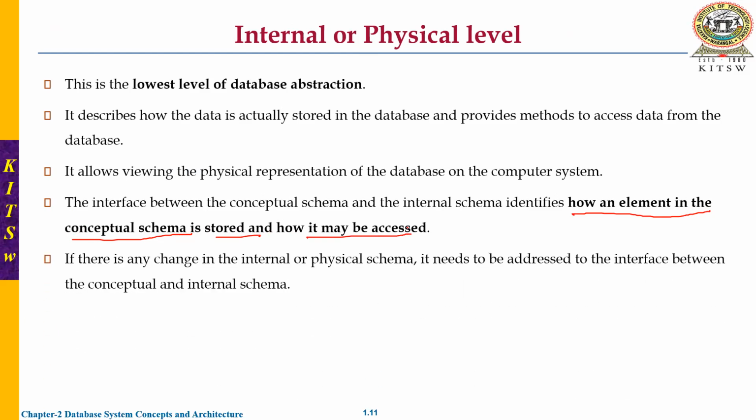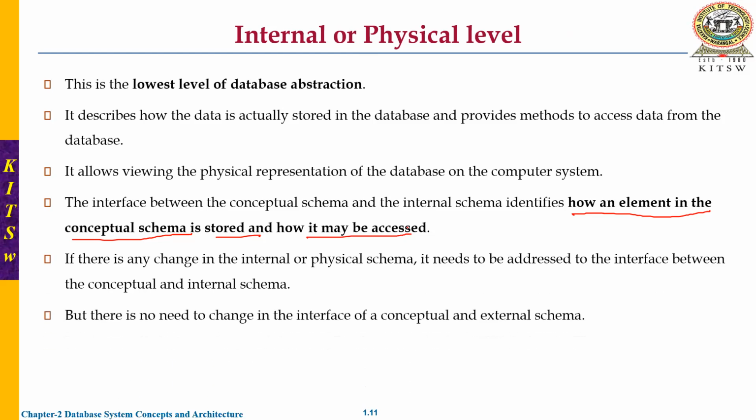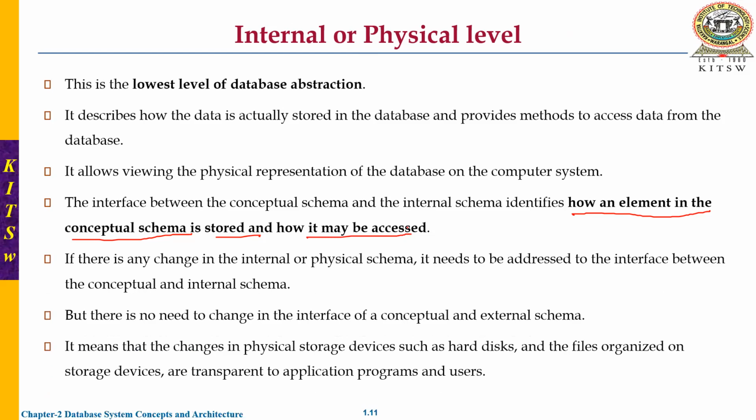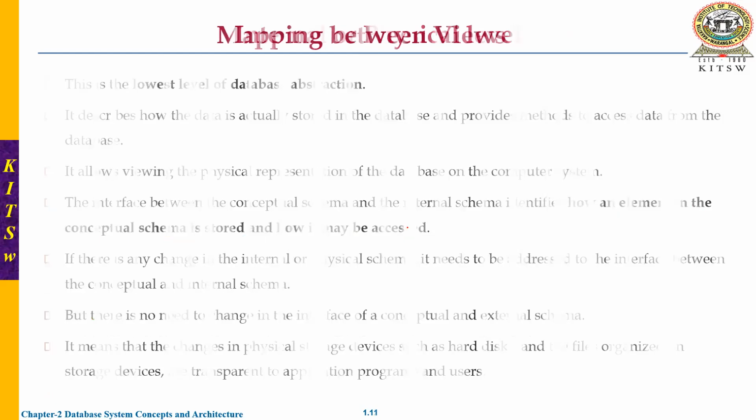If there is any change in the internal or physical schema, it needs to be addressed in the interface between the conceptual and internal schema, but there is no need to change the interface between the conceptual and external schema. It means that changes in physical storage devices such as hard disks and the file organization on storage devices are transparent to application programs and end users.